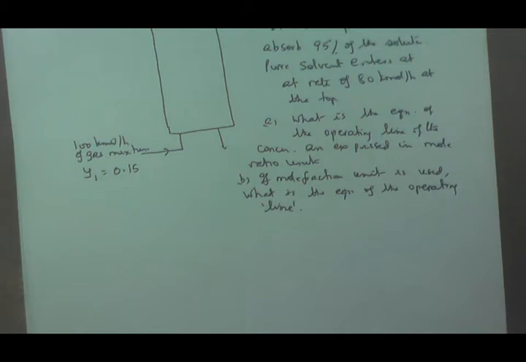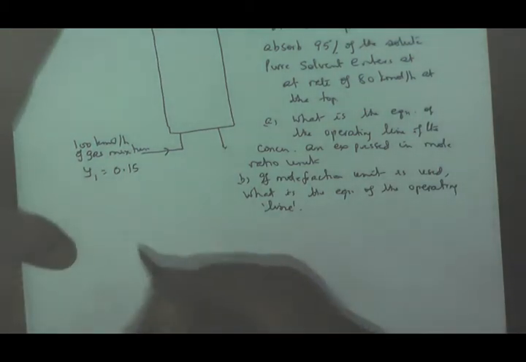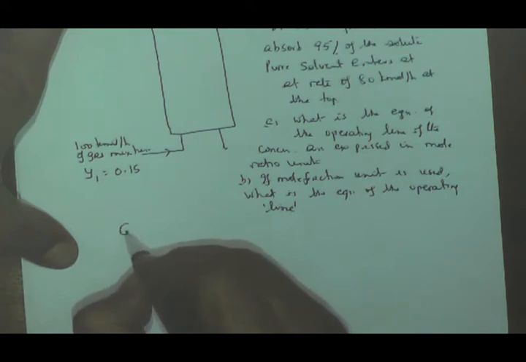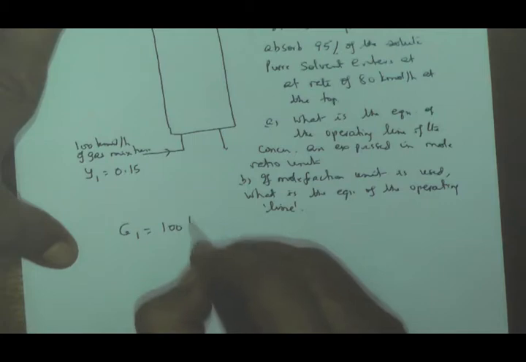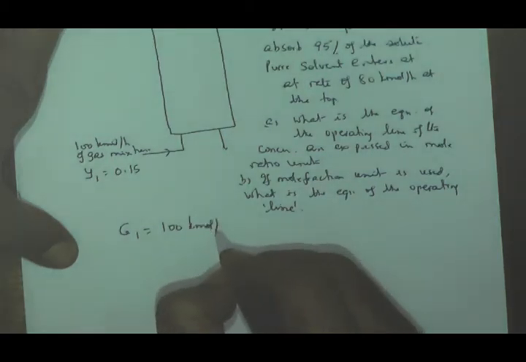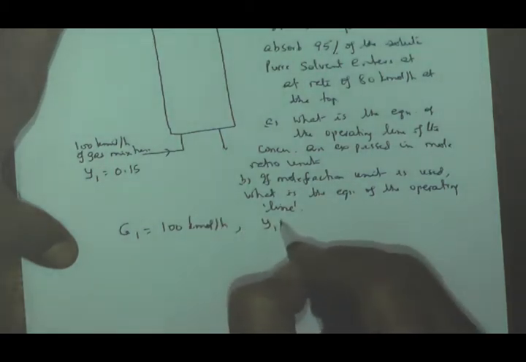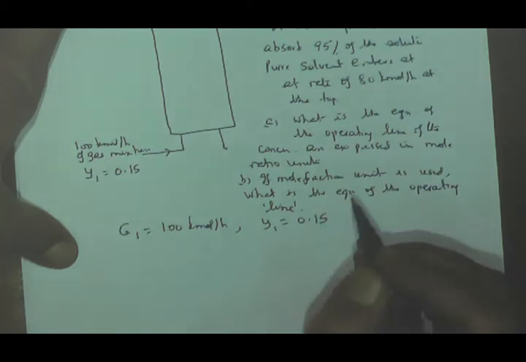So in terms of our nomenclature, we have that G1 is given as 100 and y1 is given as 0.15.